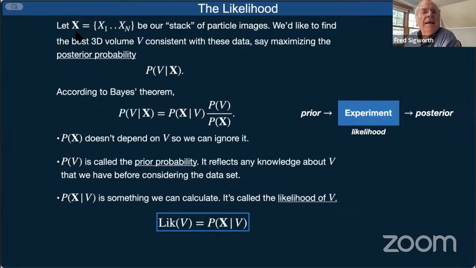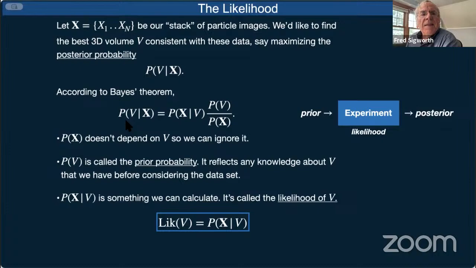Let's let big X here be our data set, our stack of particle images. What we'd like to do is maximize a probability. This is the probability of a volume given our data set. So we want to find the volume that maximizes this probability.